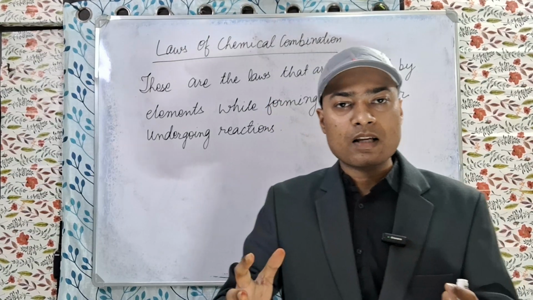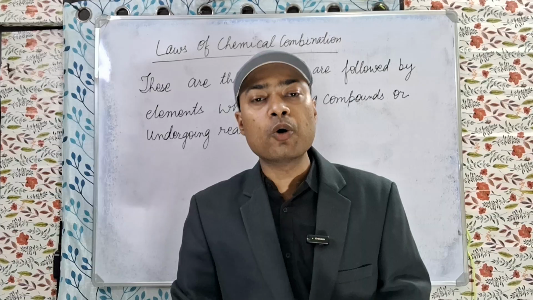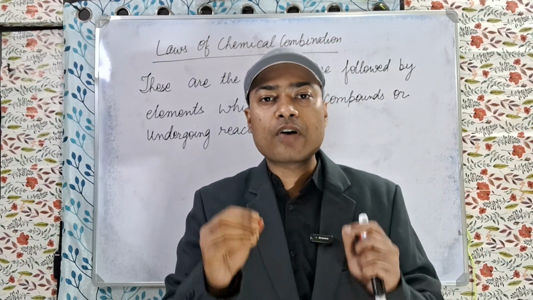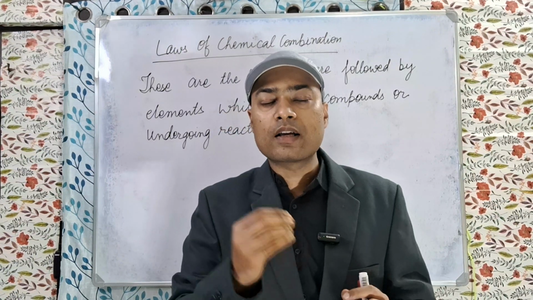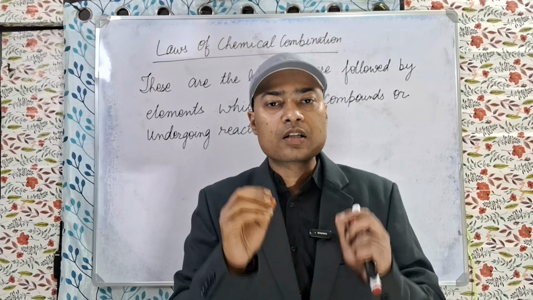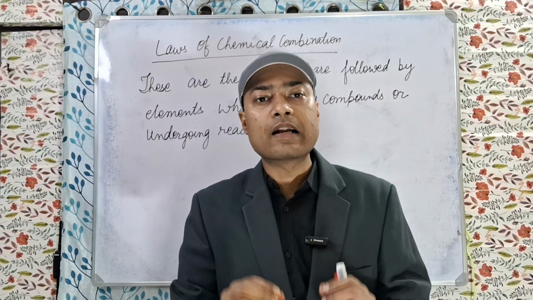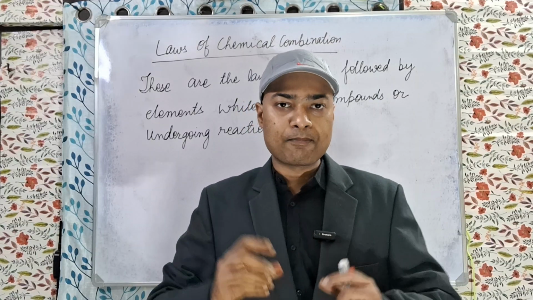Its interpretation is that the sum of mass of reactants is equal to the sum of mass of products plus mass of unreacted reactant. I will repeat: the sum of mass of reactants is equal to the sum of mass of products plus mass of unreacted reactant. We will look at it through the examples.